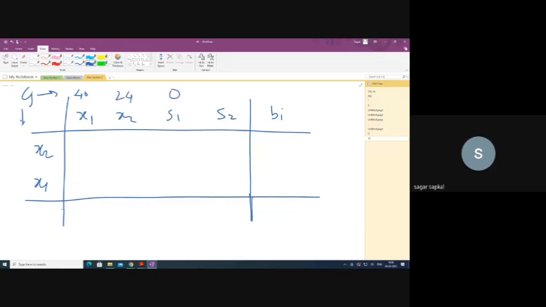This is having 0, 0. Initially you can consider 0 here now. Then it will be for 24 and this will be 40. Then you can write Cj minus Zj.